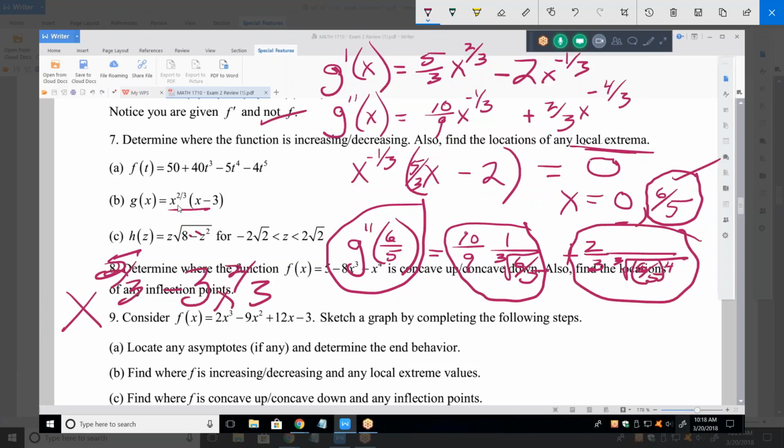The cube root of a positive number is always positive, multiplied by a positive number being added to a positive number. So that's positive. That tells me that at 6/5, the original function is concave up, which makes it a minimum, which makes it a local extrema.